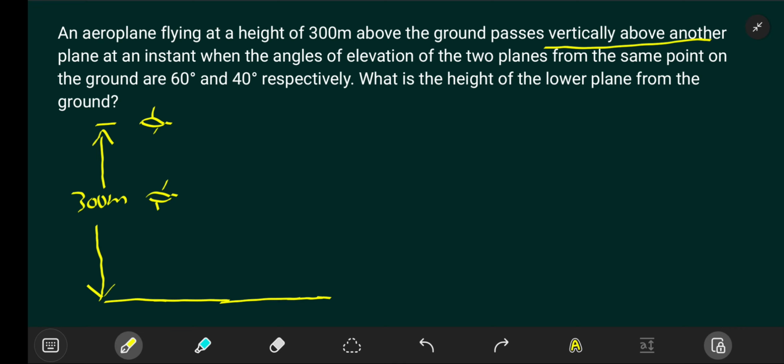Now the lower plane height they are asking. So this height they are asking. Suppose let this height be h. I assumed this height will be h.